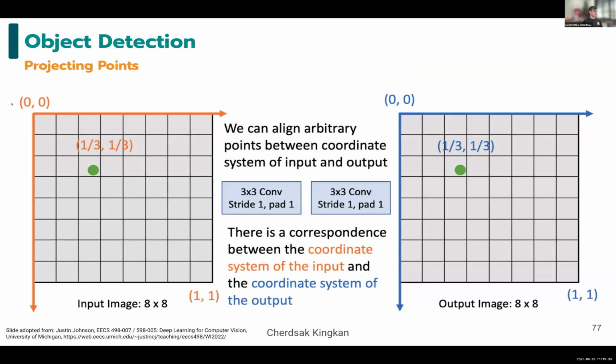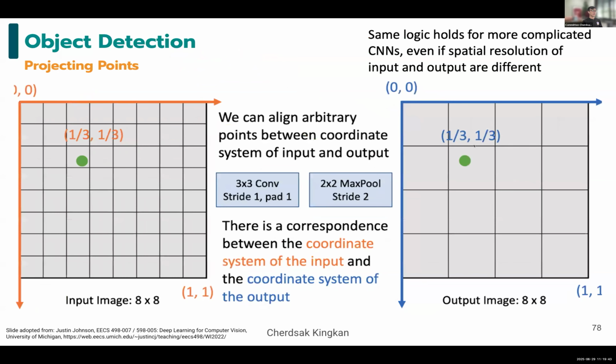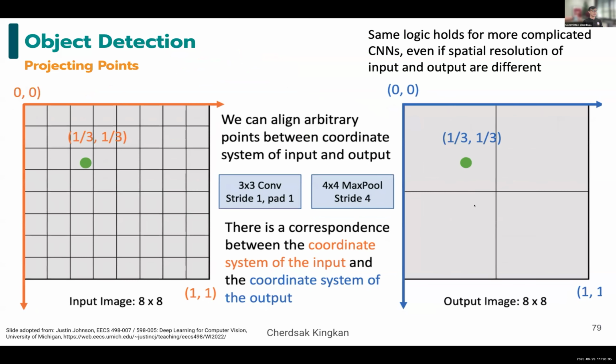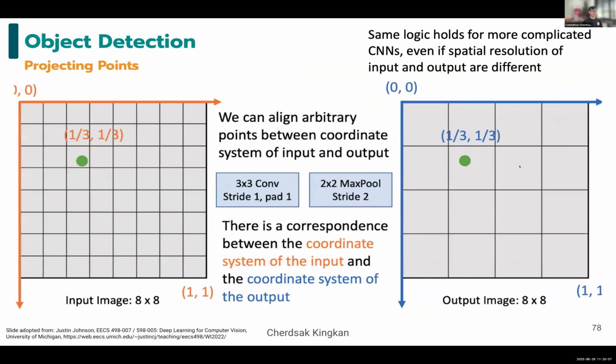So if we keep decreasing the resolutions of these feature maps, we can still translate the coordinates from the input image to the feature maps coordinate. Let's say this is 8 by 8, to 4 by 4, to 2 by 2.